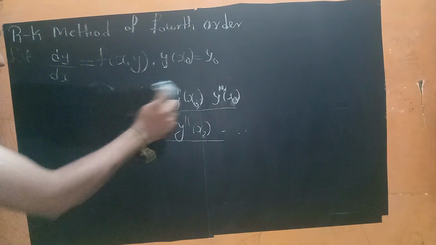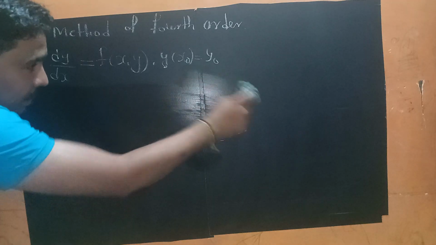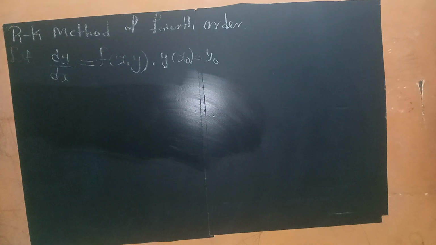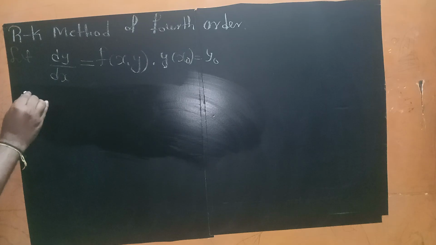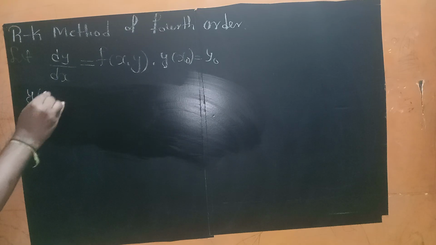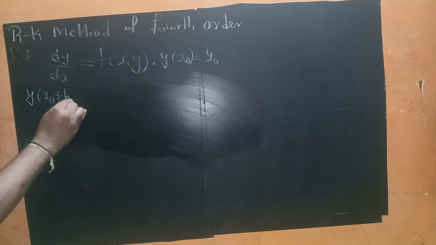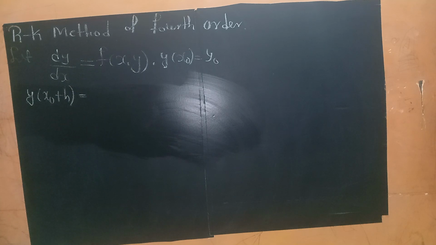So what exactly does this method state? I have a simple differential equation here, dy by dx equal to f of x comma y, and y of x naught equal to y naught. Now we are supposed to find y of x naught plus h.